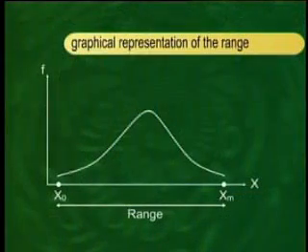Right now I am mentioning this quantity in reference to dispersion, scatter, spread of the data set, and you will agree that there can be no simpler measure to determine the spread of your data. If you look at it graphically, as you now see on the screen, it is the distance between the smallest value which lies at the left end of your distribution and the highest value which lies on the right side.